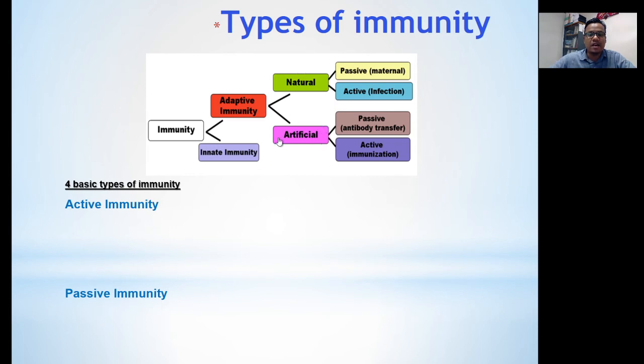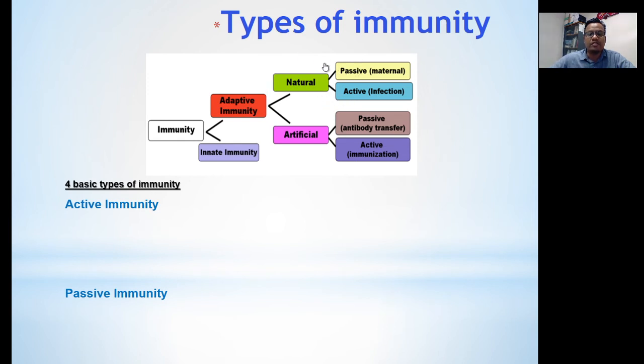Second is artificial. Naturally, you don't need to do anything or consume anything or go for vaccination, while artificially we can stimulate the body to have immunity to that particular pathogen. For natural, we have passive and active.